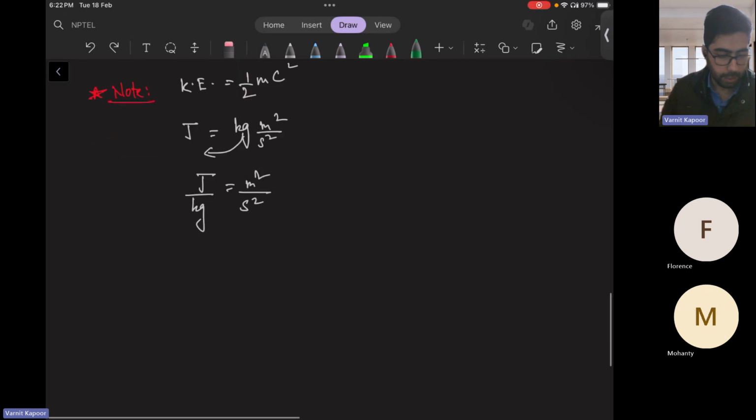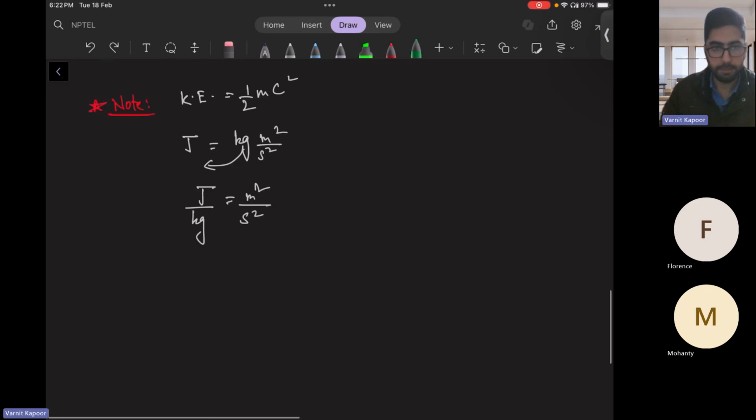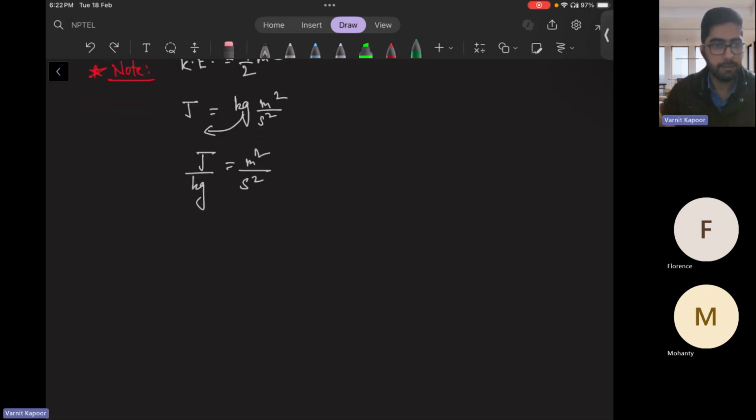Yes. Now, this was the energy in terms of the specific terms. If I want the complete energies, not specific energies, I'll multiply with the mass flow rate. What is the mass flow rate at inlet and outlet? It is the same at inlet and outlet.